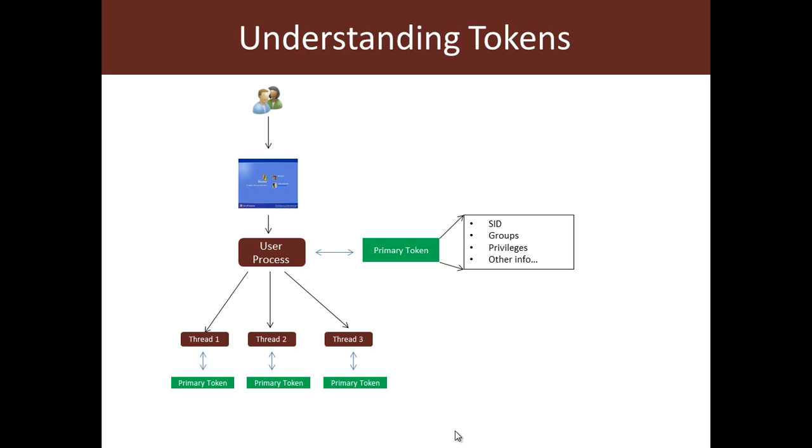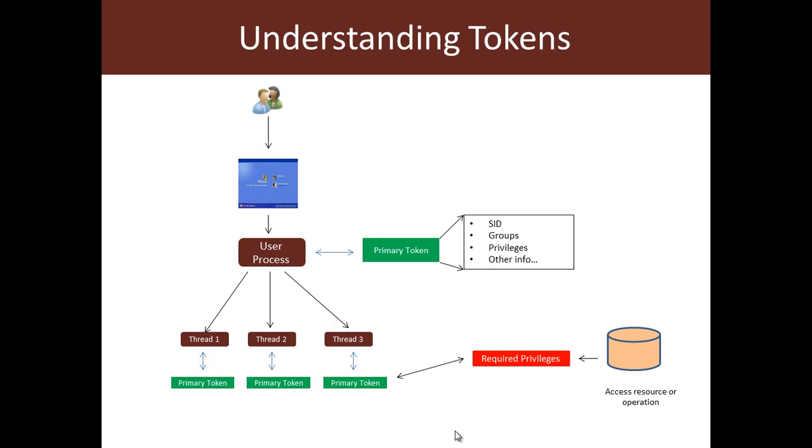Well, think of the primary token as an authorization evidence. So whenever one of the user processes or its threads want to access a resource or operation which requires certain privileges, then the primary token is taken and compared to the privileges requested.